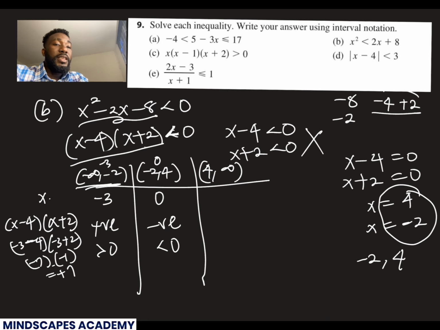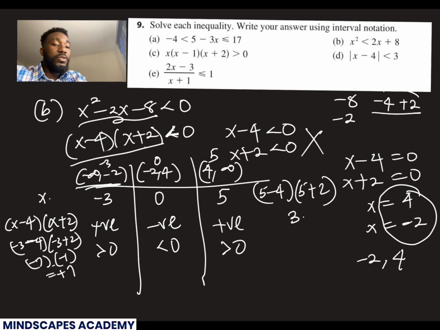Now for this interval, if I choose 5, 5 -4 is 1, and 5 +2 is 3. So I will get 3, which is positive, which is greater than 0. So this is the only part where it is less than 0. That shows my interval notation.